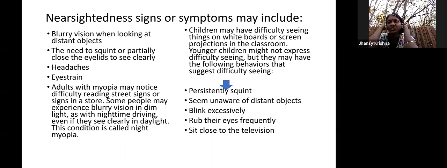Adults with myopia find it difficult to read street signs and signs which are far away. Some adults have problems with nighttime driving, even if they can see clearly in daylight. This condition is known as night myopia.